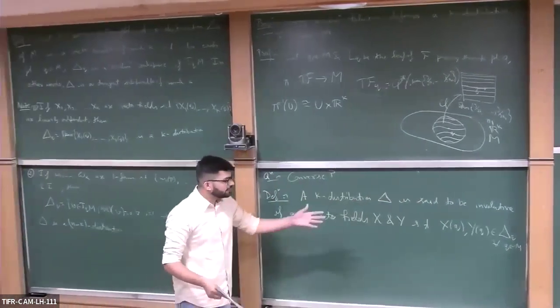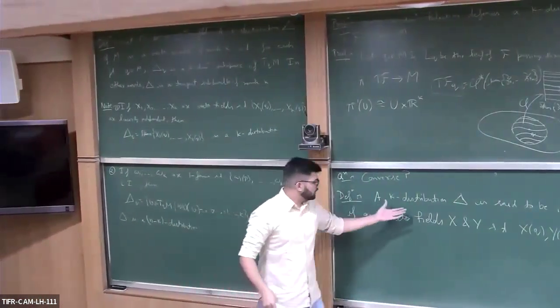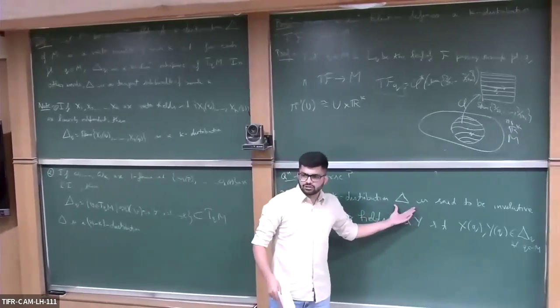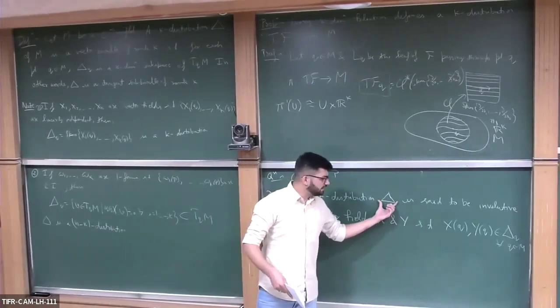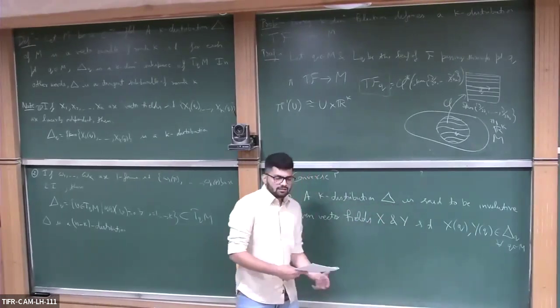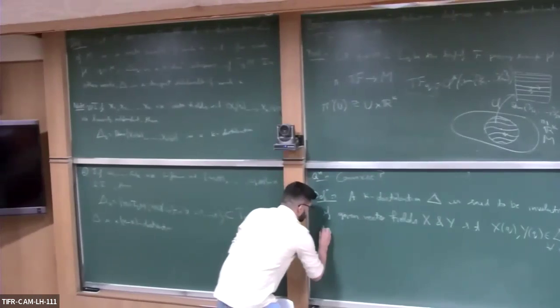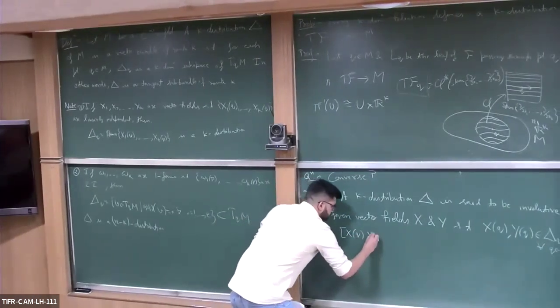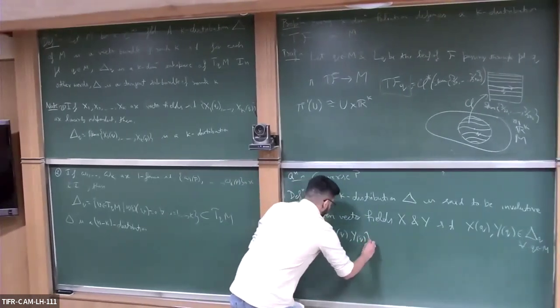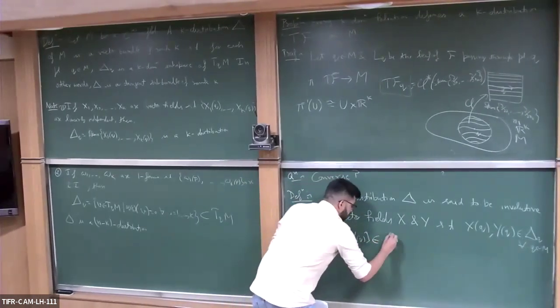If we take two vector fields which are contained in the distribution, so at each point the vector corresponding to this vector field is in the distribution itself, if we take two such vector fields, then the Lie bracket is again a vector which will again belong to the distribution.